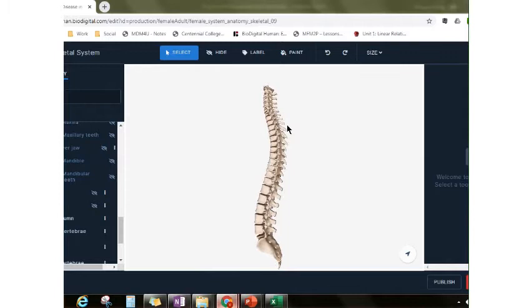So in this model, you can see the curvature of your backbone, right? It's convex at the cervical region, and then we have concave in the thoracic region, and then we're going to have convex again in the lumbar region. It wasn't always like this, right? When you were still a baby, your backbone is pretty much straight.